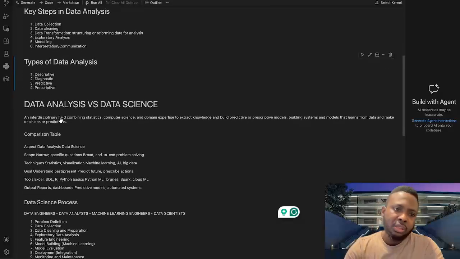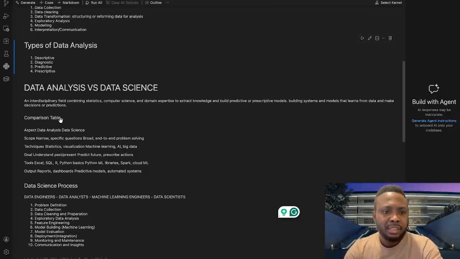Now let's look at data analysis versus data science. These two concepts have been used interchangeably, but in practice they are not the same. A lot of people feel it's the same, but no, they are not. Again, I use a very simple example.